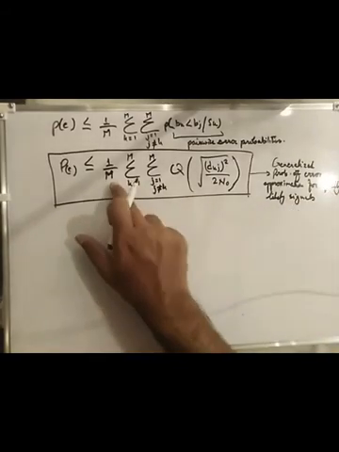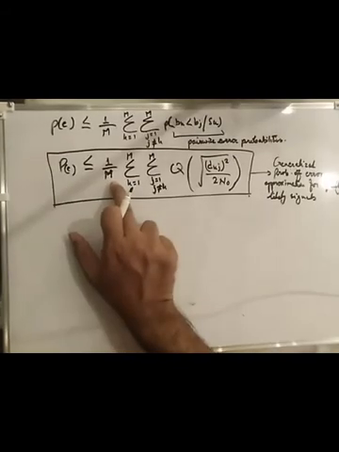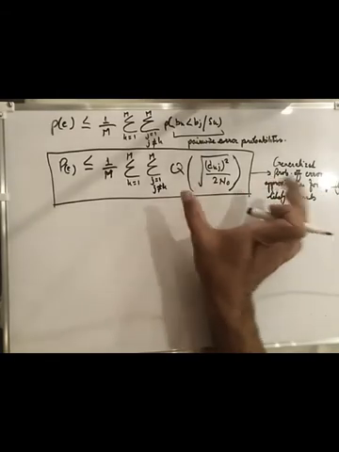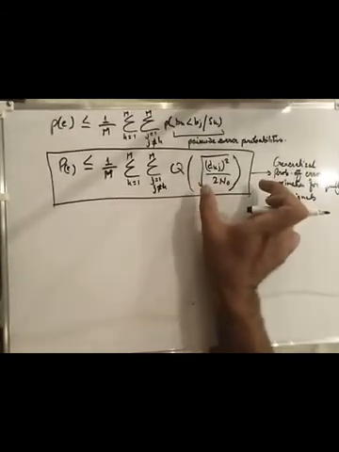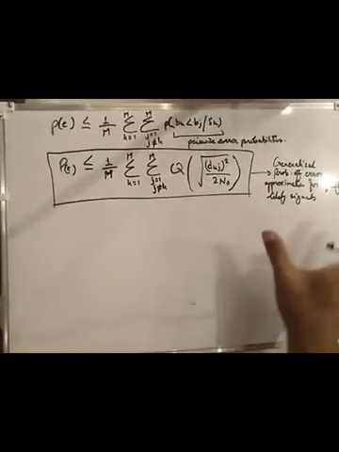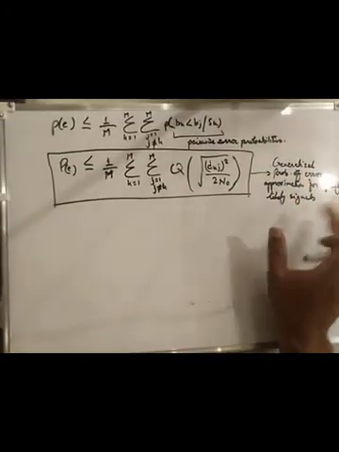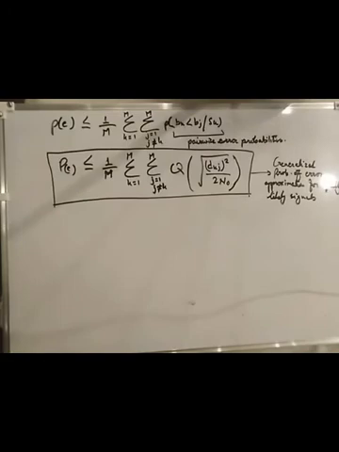Why? Because we have substituted 1 over M here, and this is there because of the equally likely condition. If we have unequally likely signals, then the probability of Sk would be multiplied and placed under the summation, right? So for equally likely signals, this is the generalized expression for the probability.